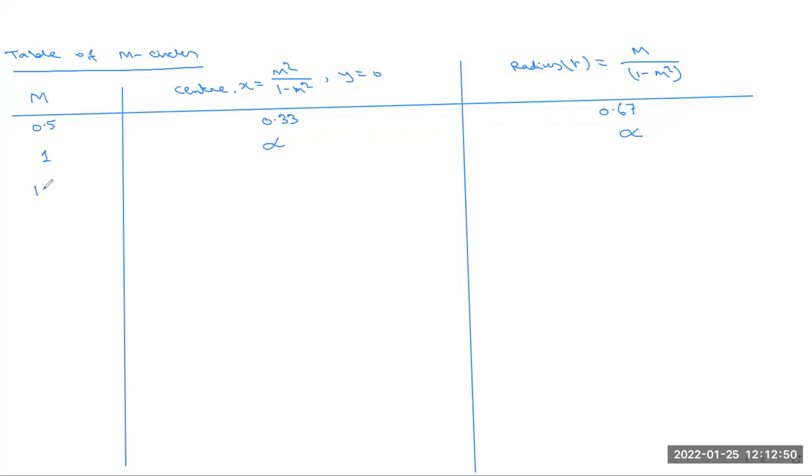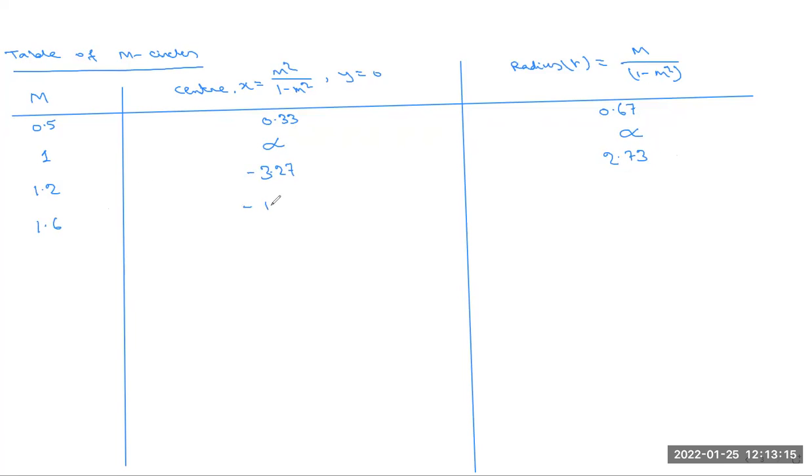Then you have to put the value M equal to 1.2. You have to put it at this value and calculate it. The value is coming minus 3.27, and this value is coming 2.73, and so on. You have to change to a different value, 1.6.